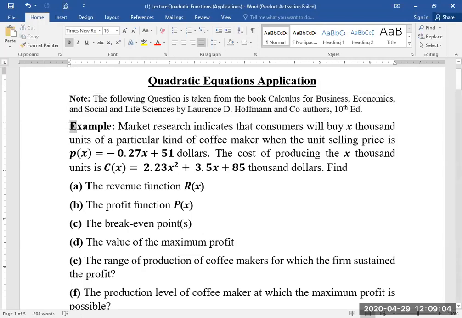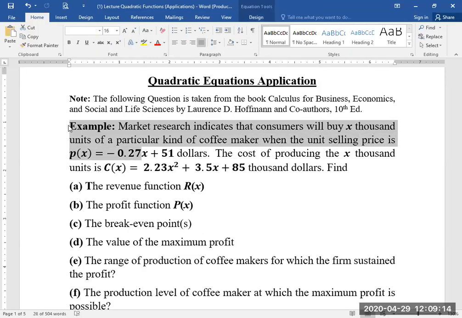The example is: market research indicates that consumers will buy x thousand units of a particular kind of coffee maker when the unit selling price is given by the function p of x equals minus 0.27x plus $51. The cost of producing the x thousand units is C(x). This is the cost function of the production of coffee makers in $1,000.